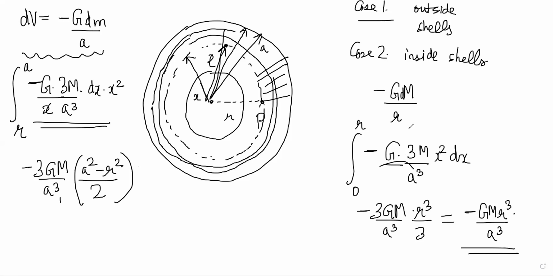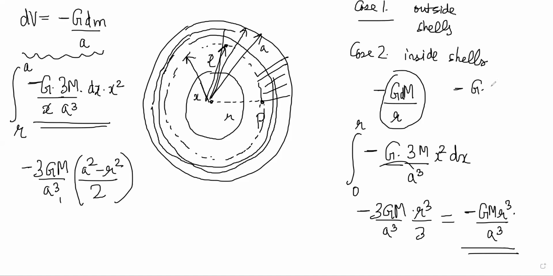R cube by A cube is the mass and divided by R. Yeah, we are making some mistake here. GM by R. DM was what? DM was the mass of that portion.